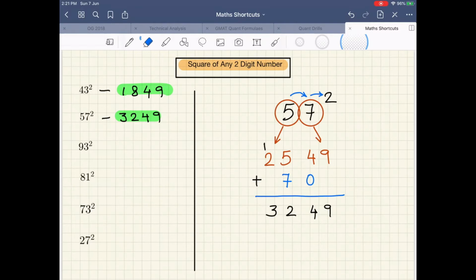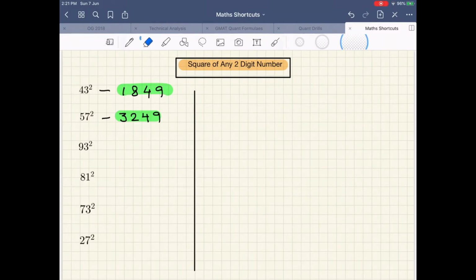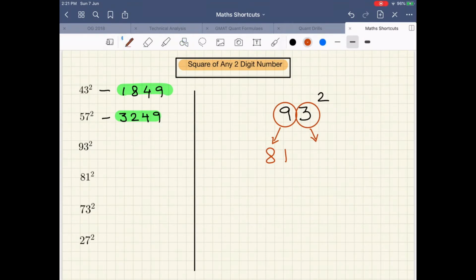Okay, the next question is 93 square. Firstly, 9 square, 81. 3 square, 09. 9 3s are 27, 27 2s are 54.